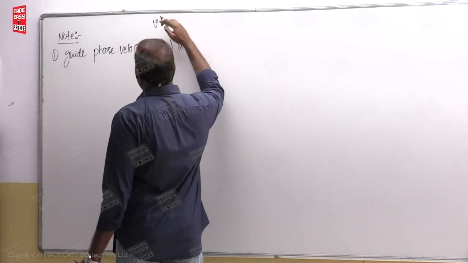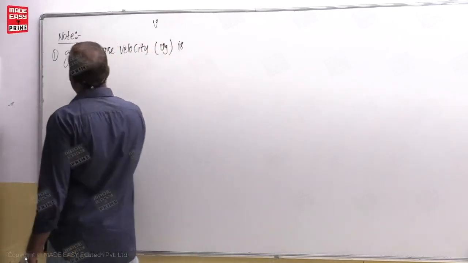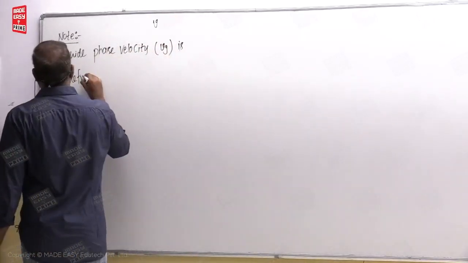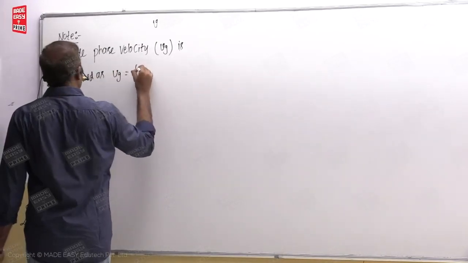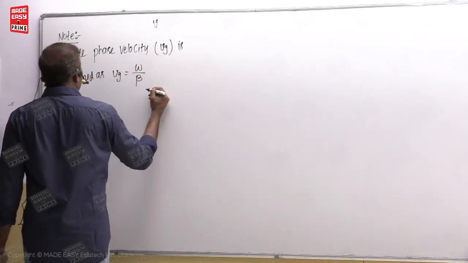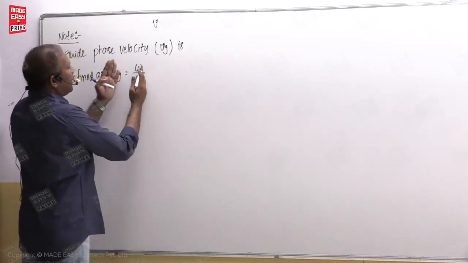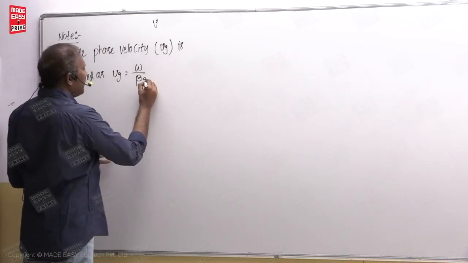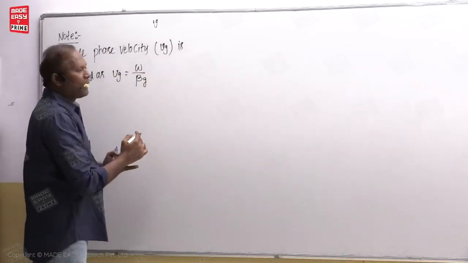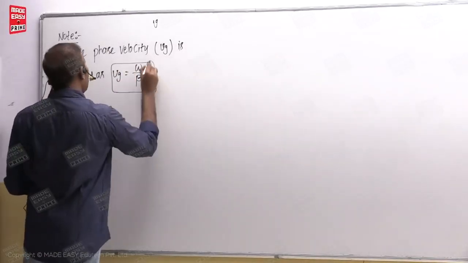V is the velocity symbol. V small g is defined as omega by beta for unbounded medium; beta g for waveguide. Okay.